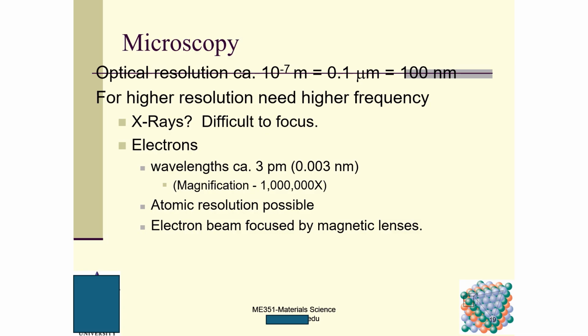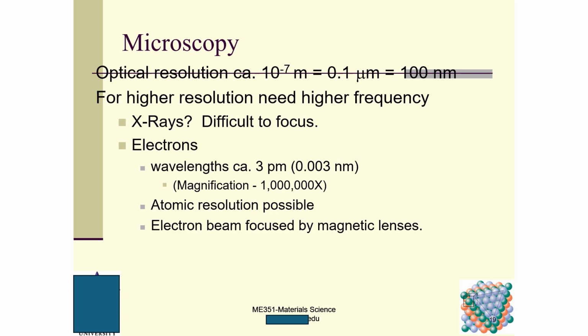For higher resolution we need a higher frequency. Can we use X-rays? They are difficult to focus. We use electrons; electrons are a better option. Electron wavelengths are about 3 picometer.